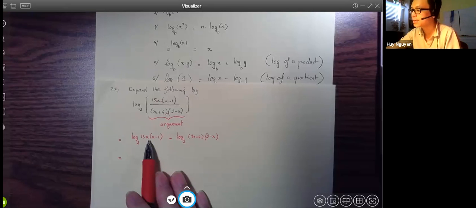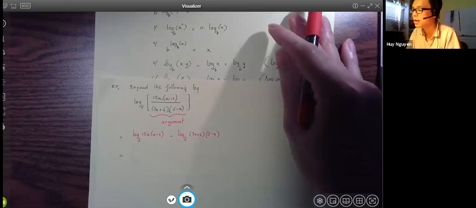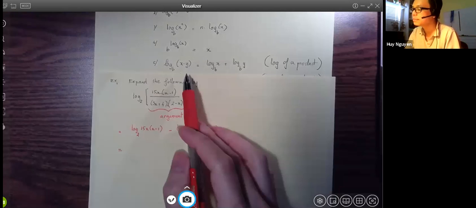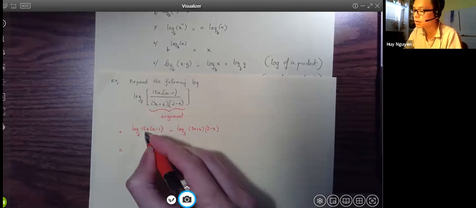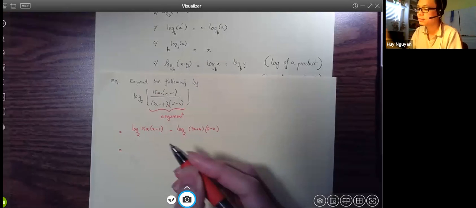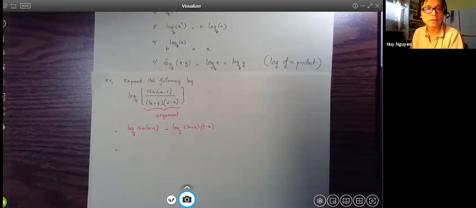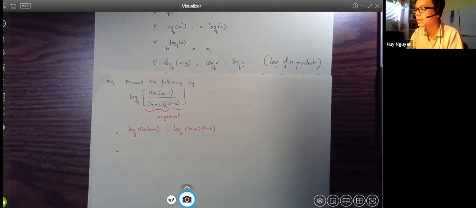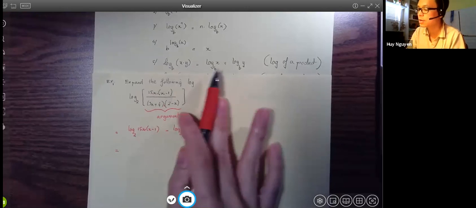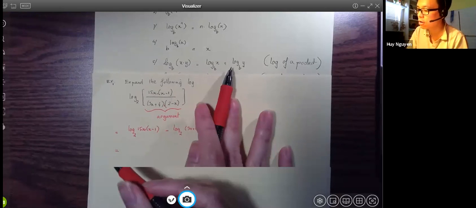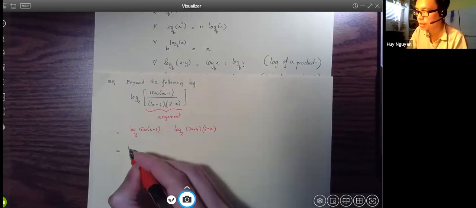We see it looks like a product, because there's a product right here. A product gives you the sum. So I can write this as log base 2 of 15.